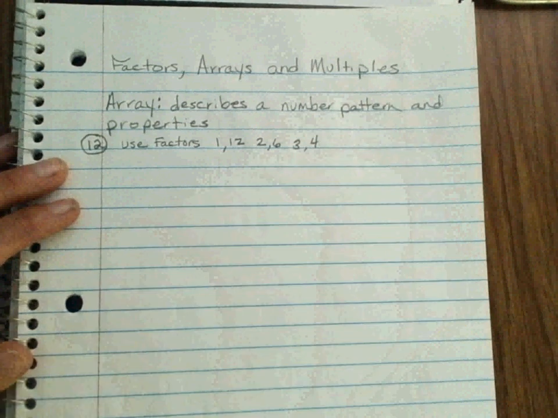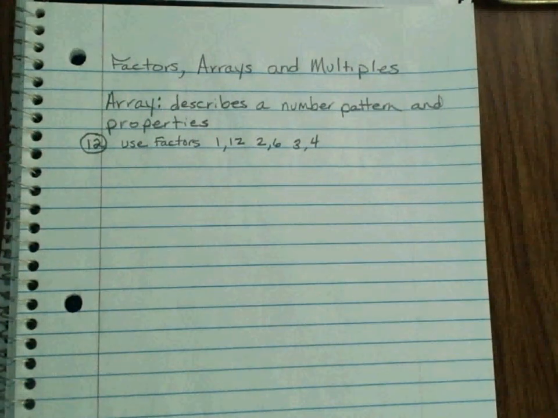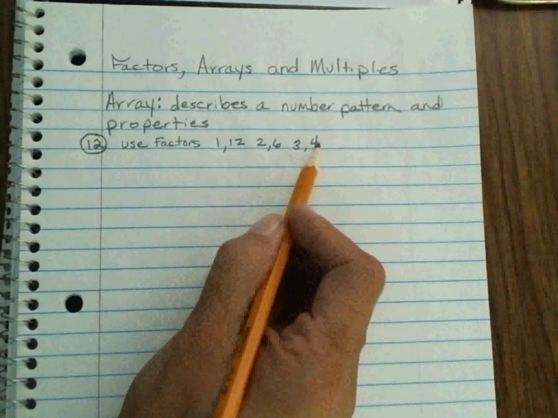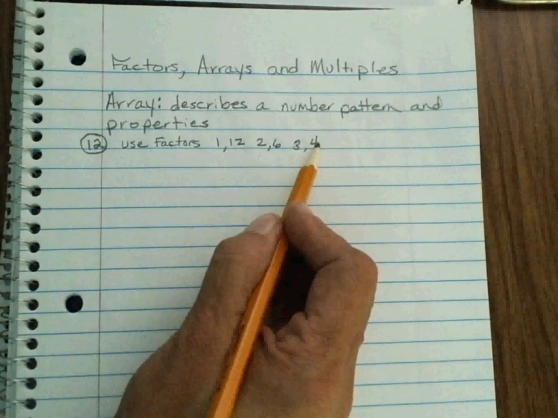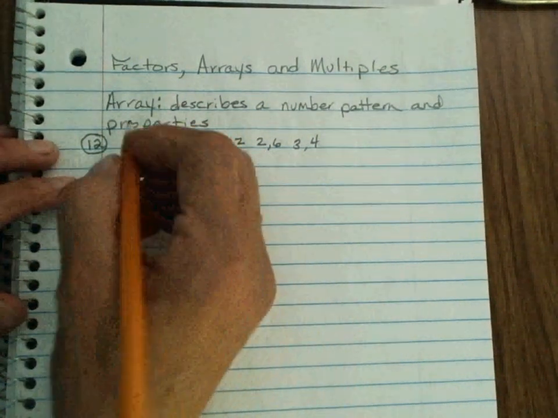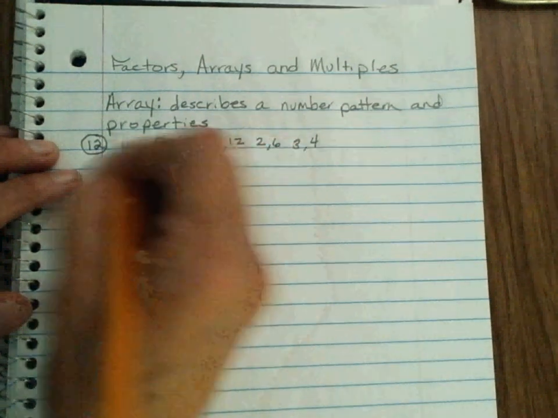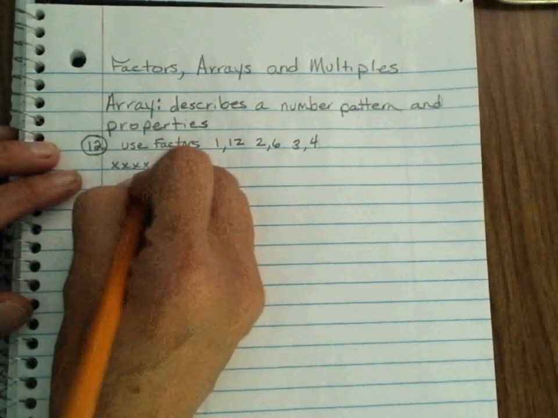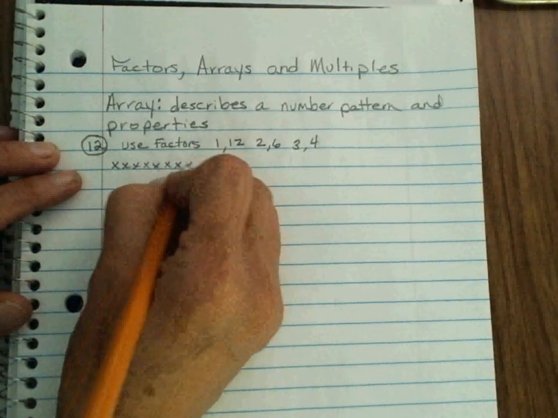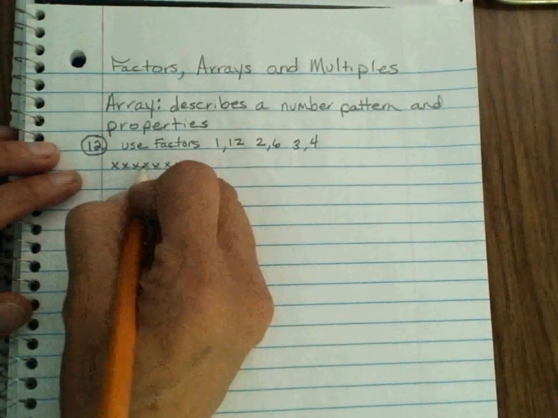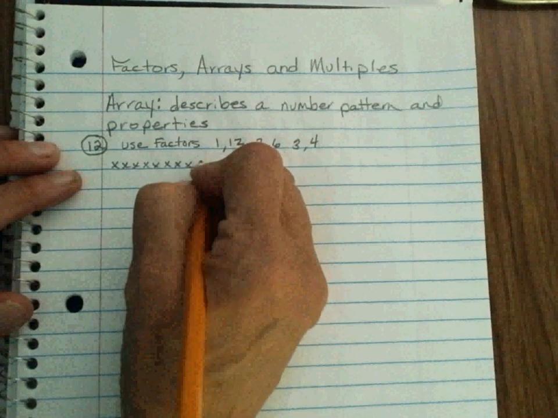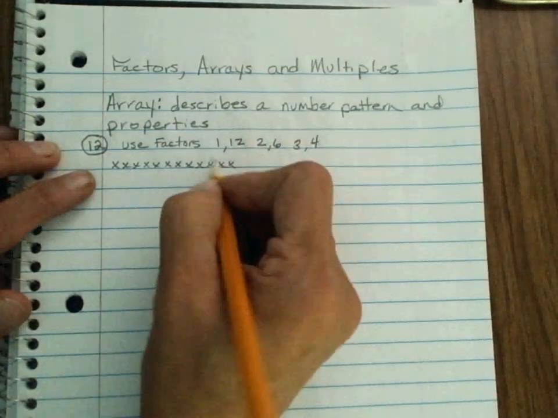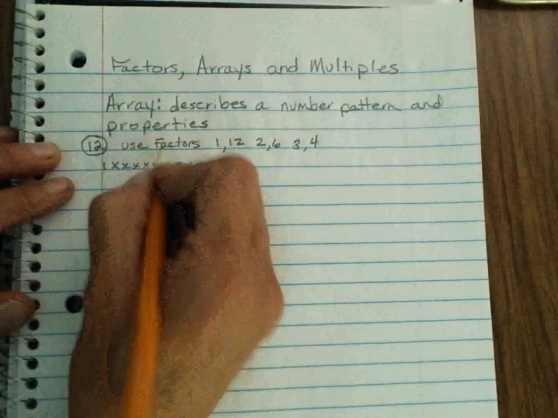Those are our factors for 12. 1 times 12 is 12, 2 times 6 is 12, and 3 times 4 is 12. If I'm going to make an array for the first one, it will be 1 times 12, so one row with 12 x's in it. 1, 2, 3, 4, 5, 6, 7, 8, 9, 10, 11, 12. So this is 1 times 12.